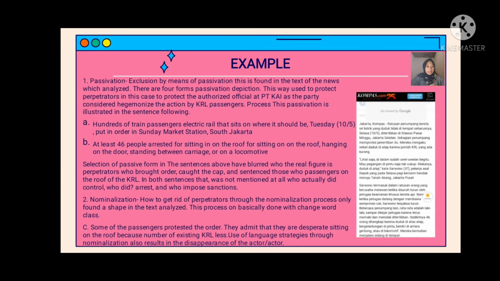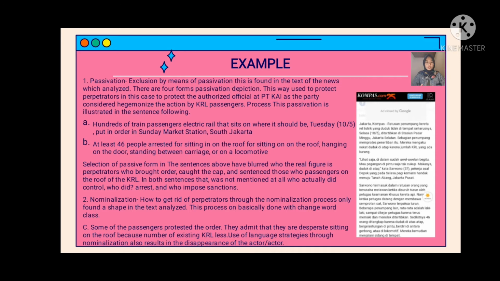In both sentences, it was not mentioned at all who actually did the control, who did the arrest, and who imposed the sanction. So yes, there is a blurred actor here, and the emphasis is on the passengers as the party marginalized by this news.